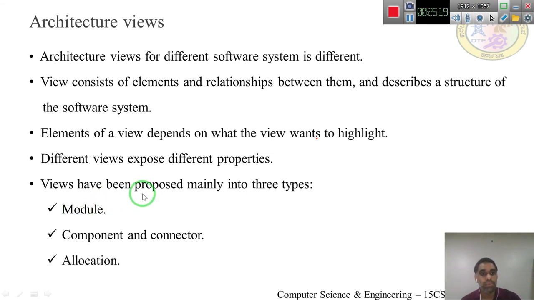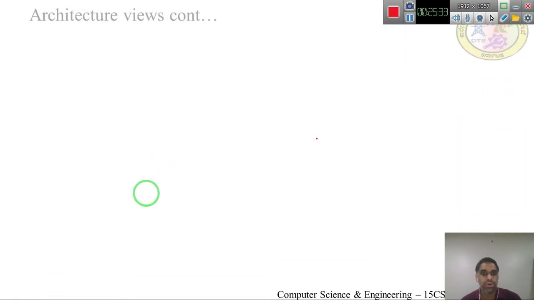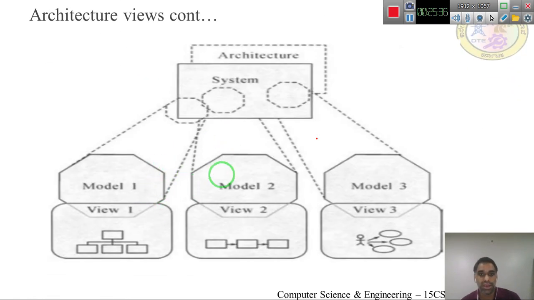So how does the architecture view get classified? It basically gets classified into three different types: module view, component and connector view, and allocation view. Then there is a diagram which tells you that for a given system, architecture can follow any of the views.